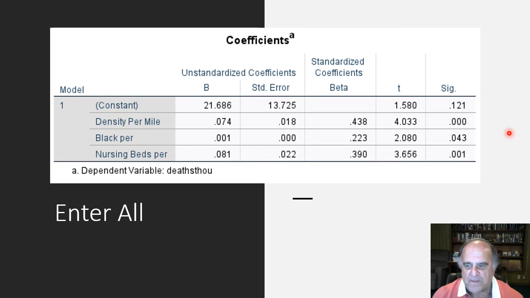And if you think part of the problem is, hey, the more nursing homes you're going to have in a state, the more deaths you're going to have, there is some evidence for that, because again, this is nursing beds per 100,000, and we can see the p-value is 0.001. So actually, in this case, all three of our predictors are significant. And again, these are significant even after controlling for, or holding constant, the other independent variables.